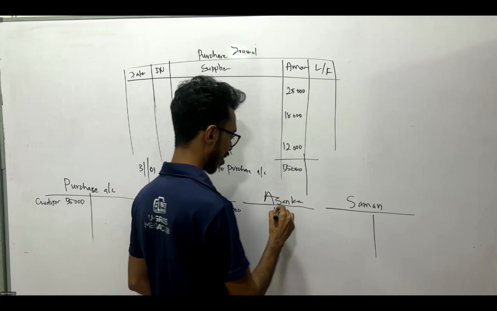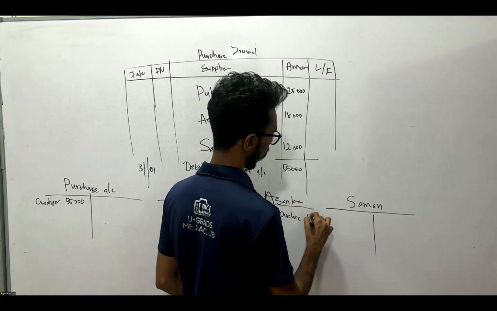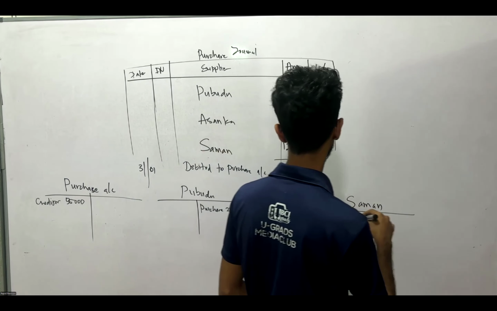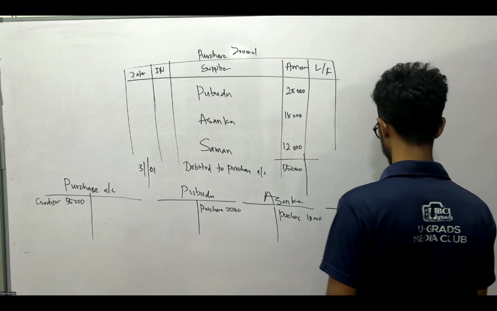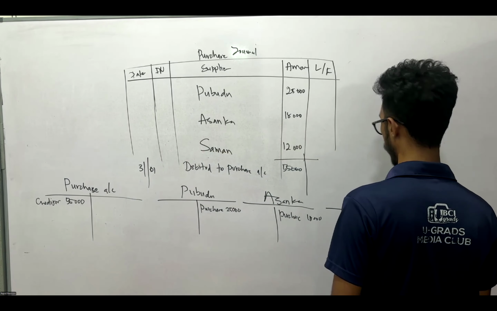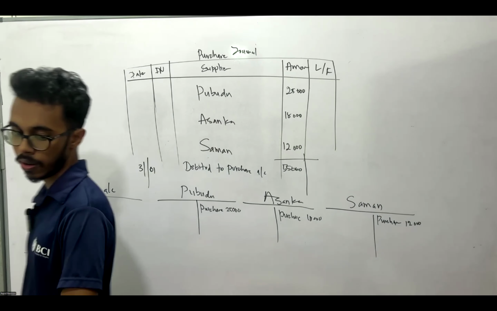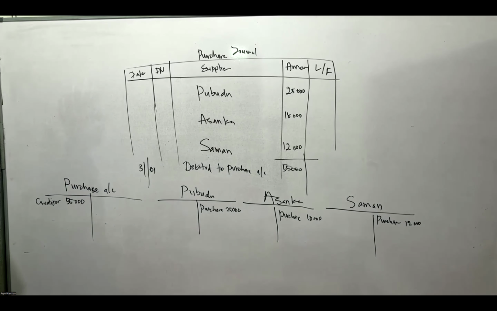Asanka also purchase 18,000. Saman once again purchase 12,000. That's it.